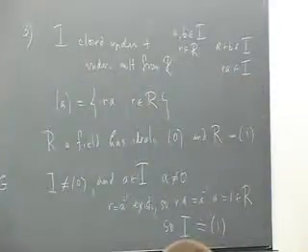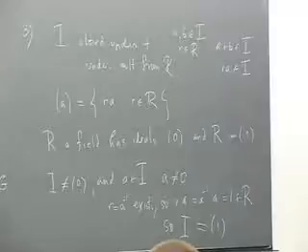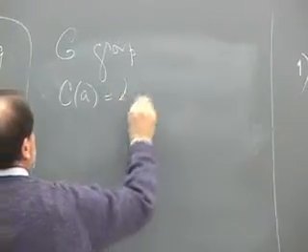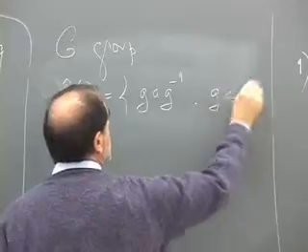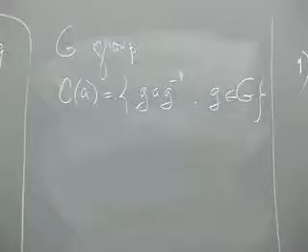Okay, number 4. A conjugacy class in a group G consists of all elements. You could say the conjugacy class of an element A consists of all elements of the form gAg inverse, such that g is in G. It's the set of equivalence classes of A under the action of conjugation.